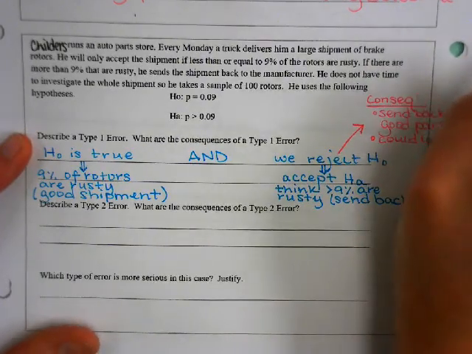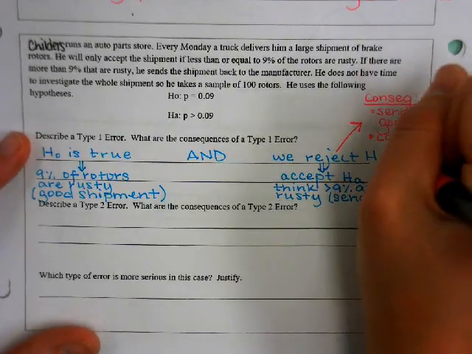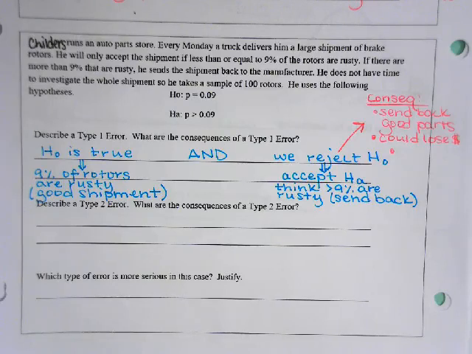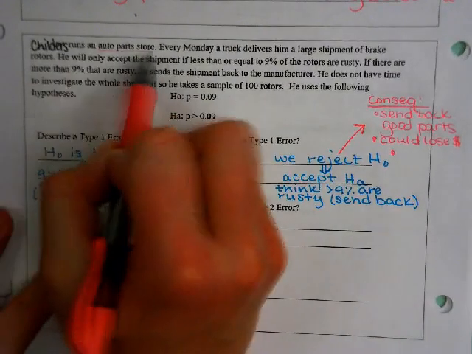There's one other that I thought of. It doesn't mean they're the only ones. Well, I said he owned a store. So he's losing money if he doesn't have rotors.